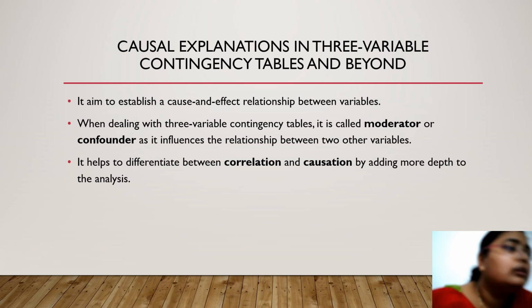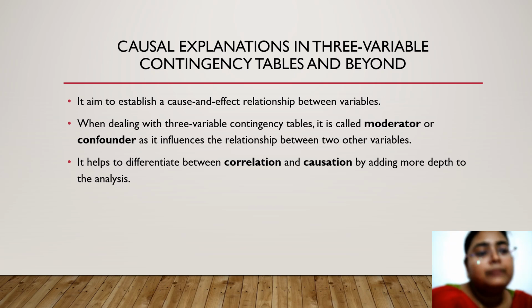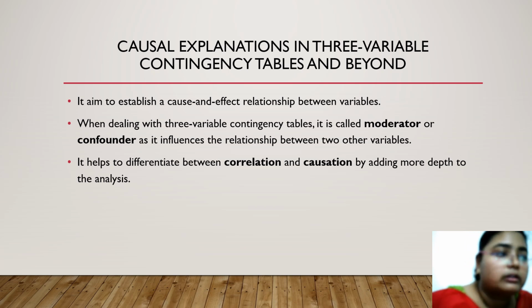Whenever we work with a third variable contingency table, the third variable is called the moderator or confounder. Why moderator? Because of the third variable, the first two variables get affected, or there is a particular influence on the relationship between the first two variables. That is why it is called moderator.